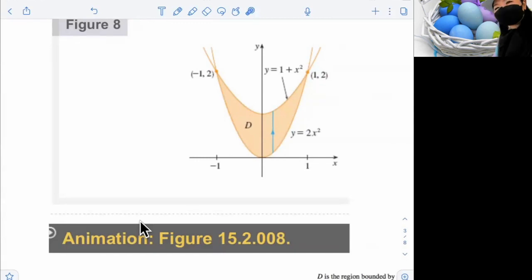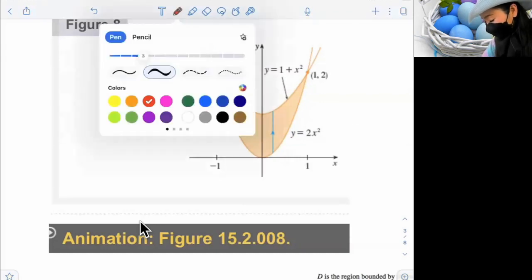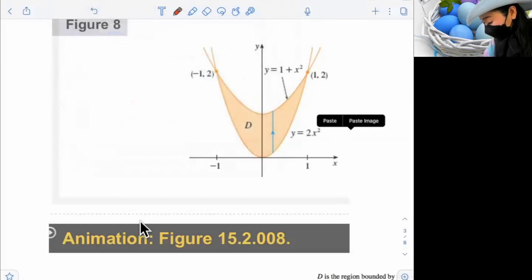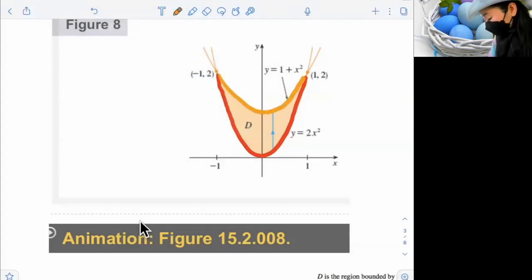Type 1 or 2? It is a type 1 region because it is bounded below and then bounded above, like that.